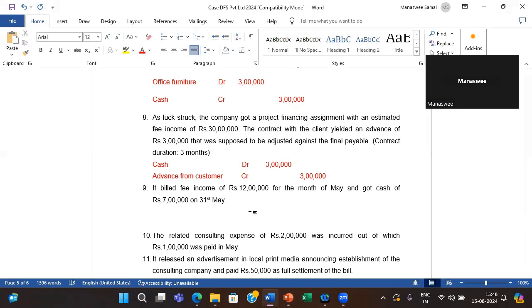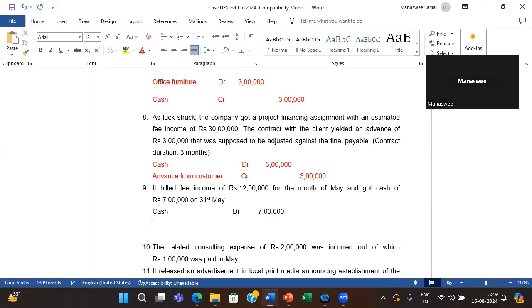So total fee income is 12 lakh rupees. That's income. So income is increasing, which means fee income account I have to credit. But what I got in hand is cash of 7 lakh rupees. So cash will be debited because cash increased. 7 lakhs debit.